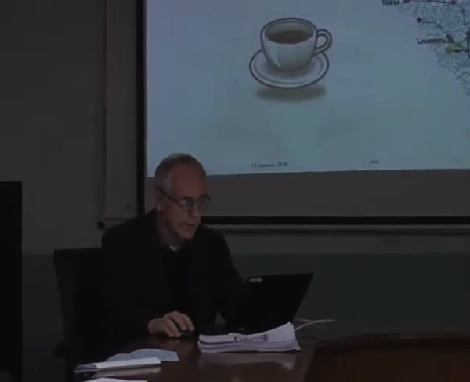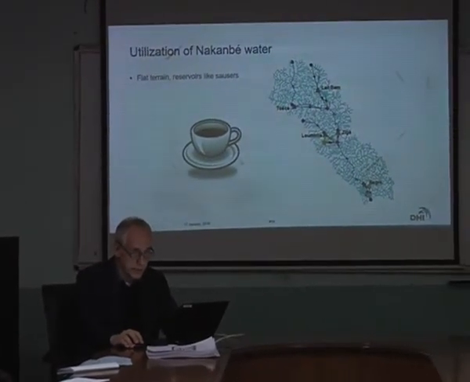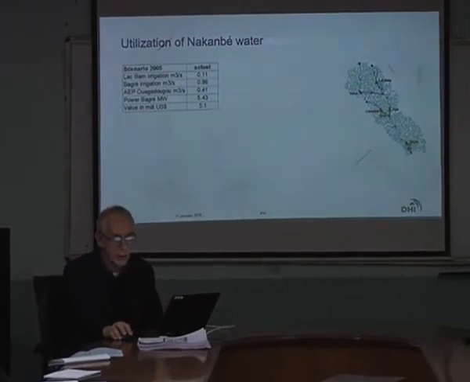But as I mentioned, generally this is a very flat terrain. So instead of being like a cup, all the reservoirs are like the sources here, right? And if you look at how water is actually used in the basin, well, we have irrigation and water supply to Ouagadougou, and if we turn all this into cubic meters per second, values are like this: 0.11 here, 0.86, 0.4.